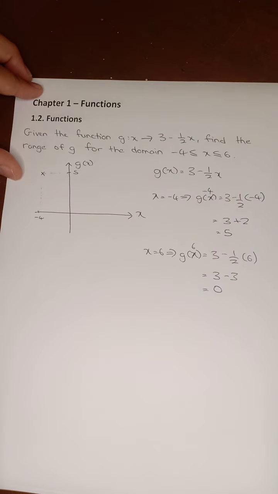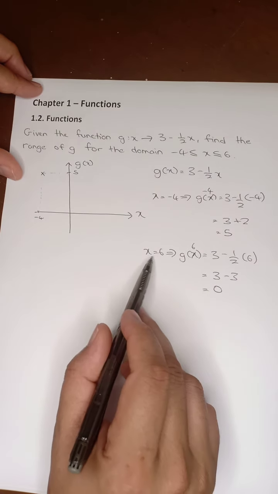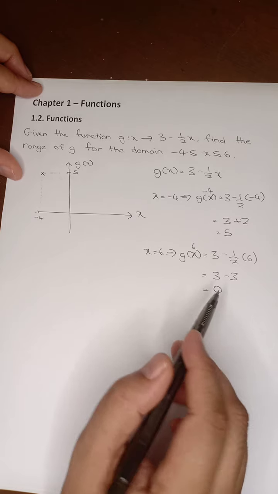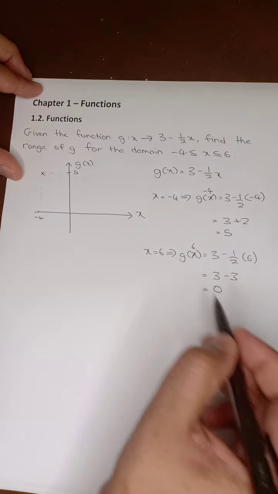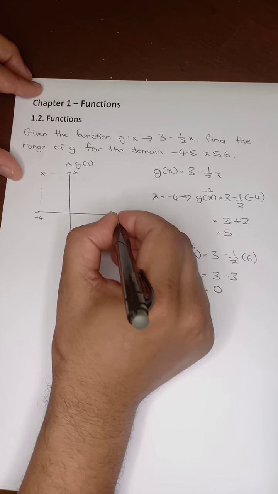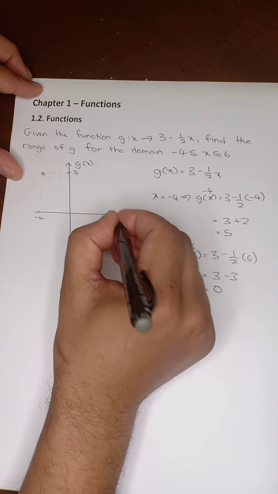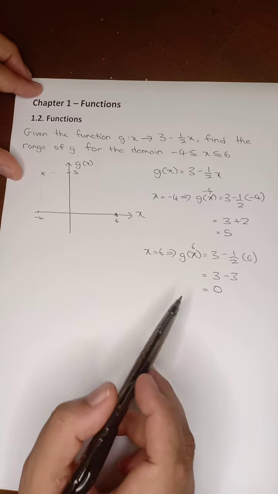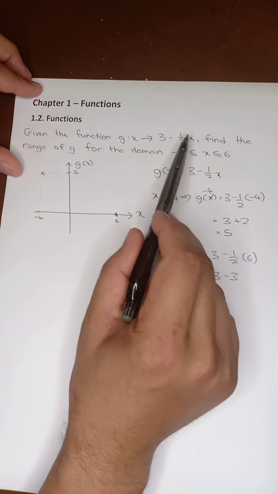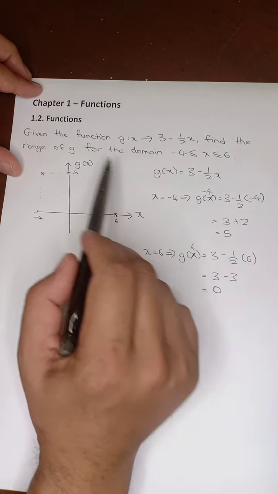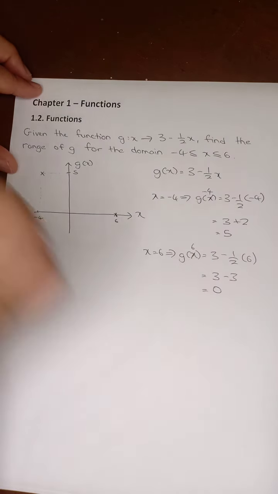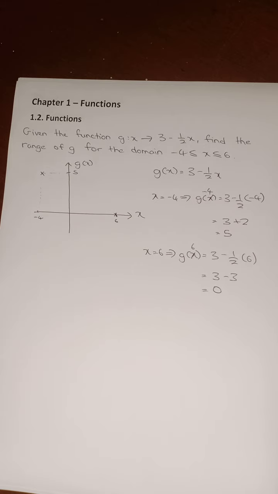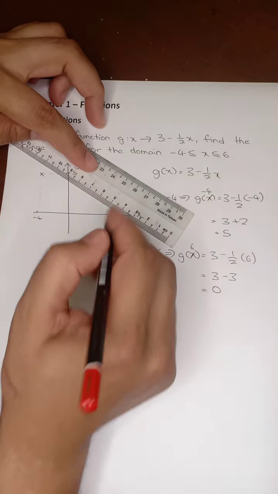So x equals 6, g(x) is 0. So x equals 6 is somewhere here maybe, g(x) is 0, so I'll plot this here. This is a straight line graph because the power of x is 1. So it's a straight line, and I can draw the line. Maybe it will help to have a picture.